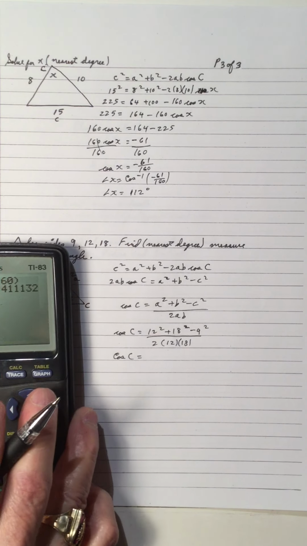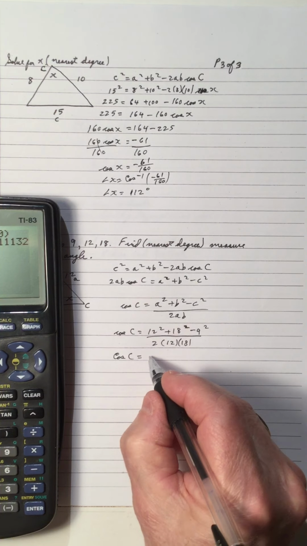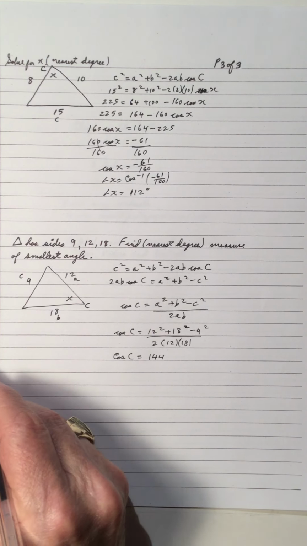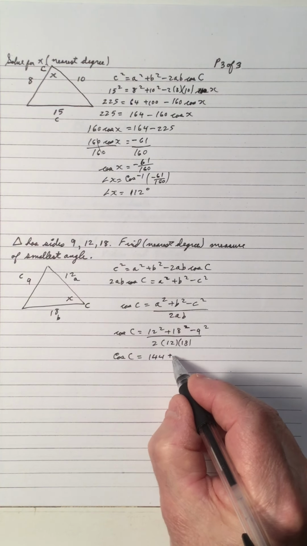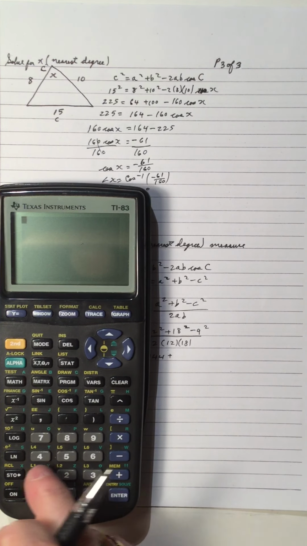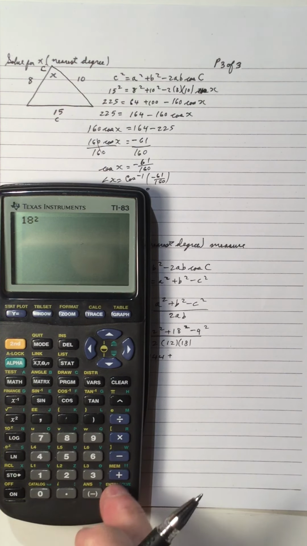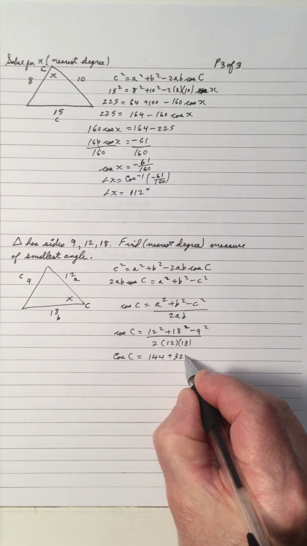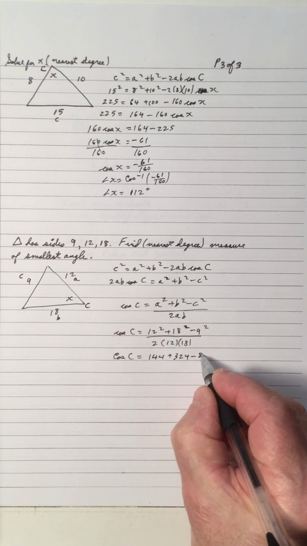So just to make sure, 12 squared is 144. And 18 squared, so something that I don't memorize. You know, I take 18 and square it, and I get 324. 9 squared is 81.